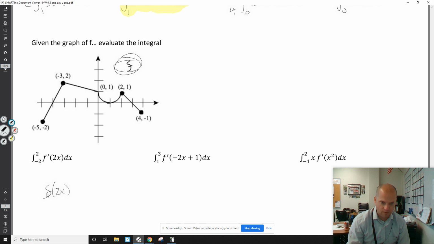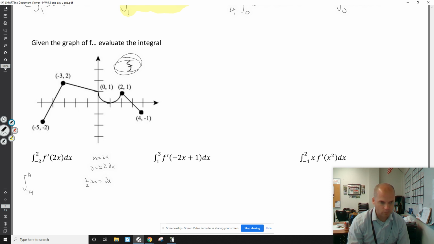I think the antiderivative is f of 2x, but I think about it. Okay, chain rule, f of 2x times 2. I don't have a 2, so I need a 1/2 here. Find the change in this from -2 to 2. If you don't understand how to get that, you use u-substitution. u is 2x, du equals 2dx. 1/2 du equals dx.